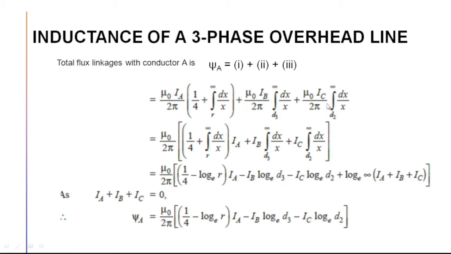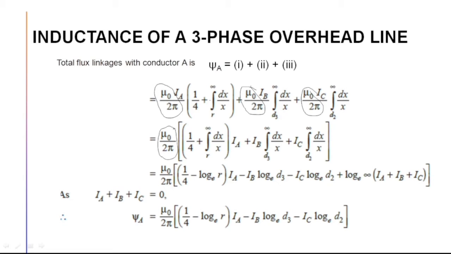In all these three expressions, we have a common term, that is mu naught by 2 pi. In the first expression, mu naught by 2 pi. In the second expression, mu naught by 2 pi. I take this common term outside, mu naught by 2 pi.